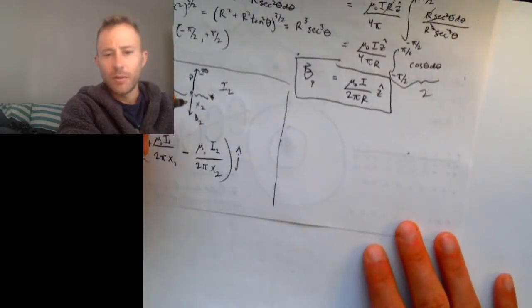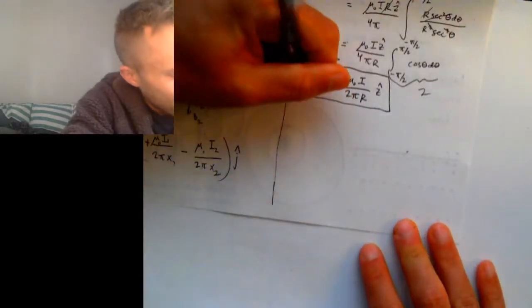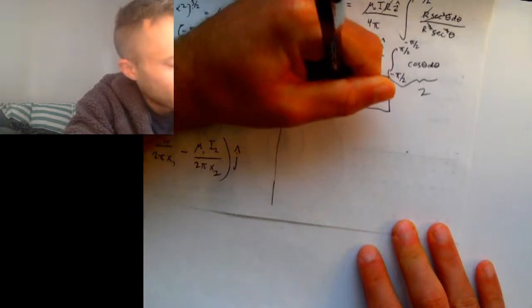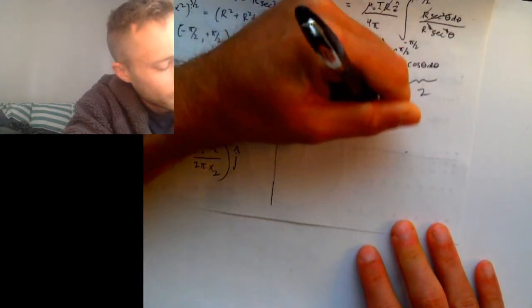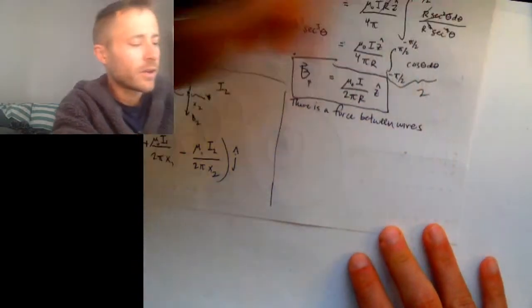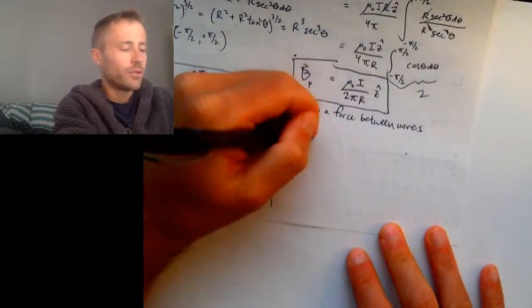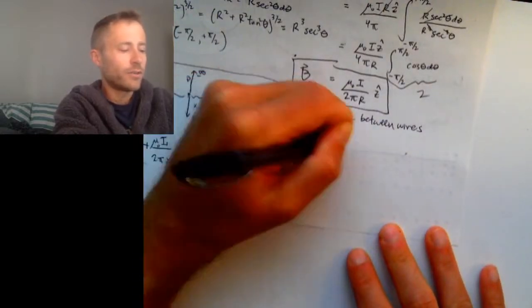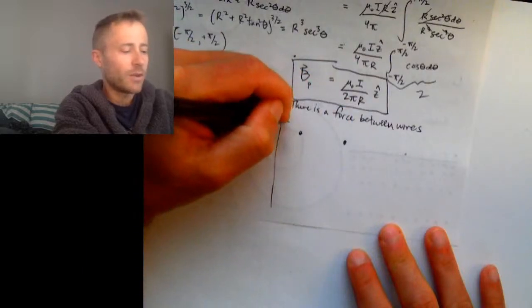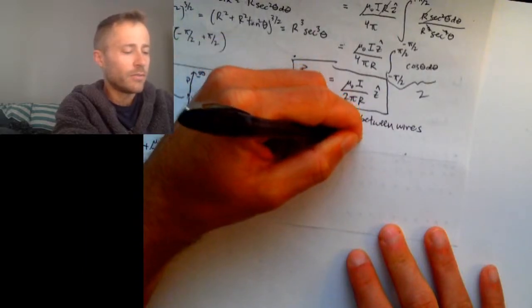Last thing I wanted to talk about today is there is a force between wires. Okay, so again, let's suppose that I have two wires carrying current. One is I1, one is I2.